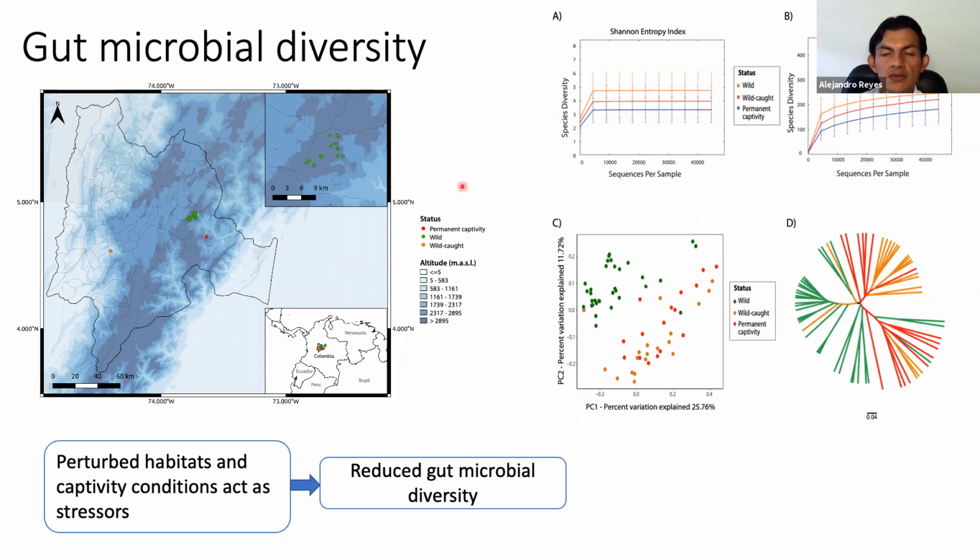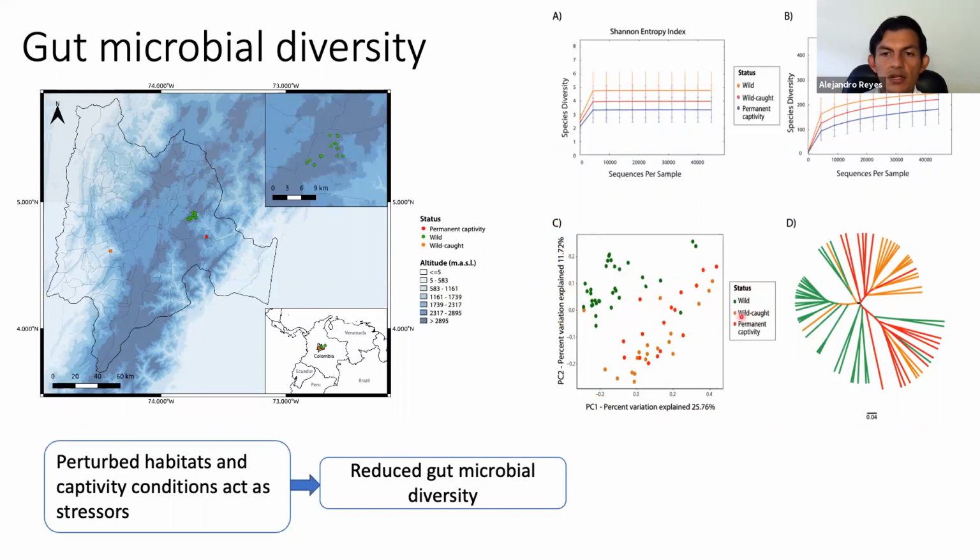So we have those transition samples from the wild animals, those cubs when they were young, to their more adult-like stage in captivity. When we look at both clustering and the distances between the samples based on their microbiome, we can see that the wild clearly clusters separately from those in permanent captivity.